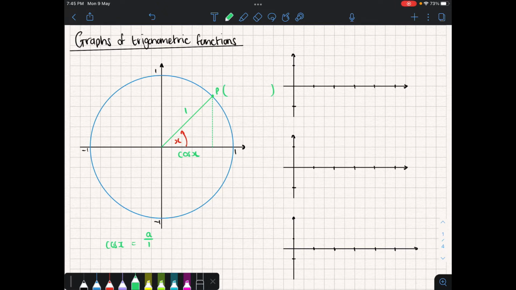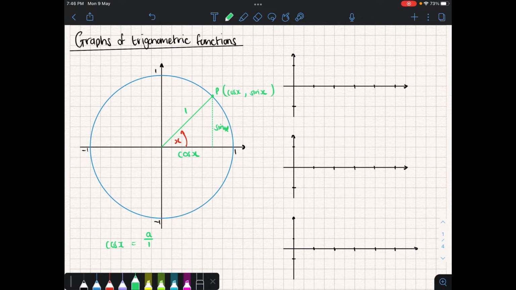In the same sense, this height here would be sine of x, because this happens to be the opposite side to angle x, and the hypotenuse is 1. That then tells us that this coordinate P would be (cos x, sin x).